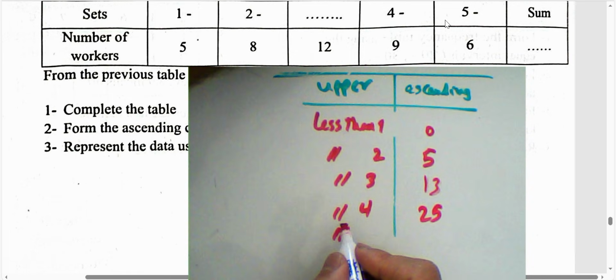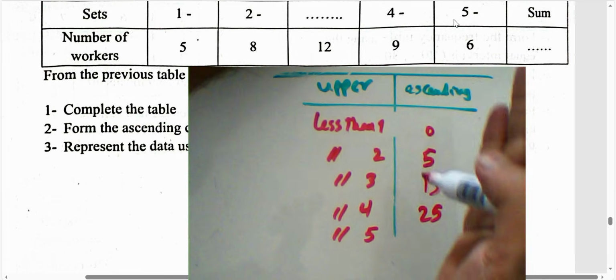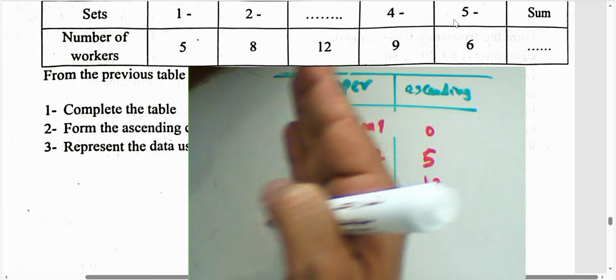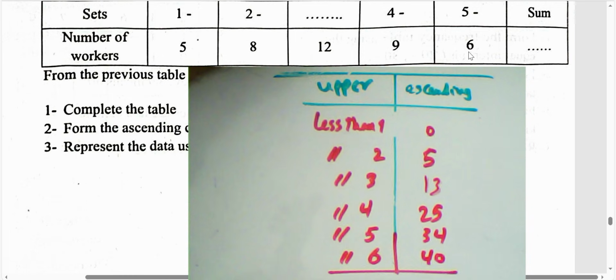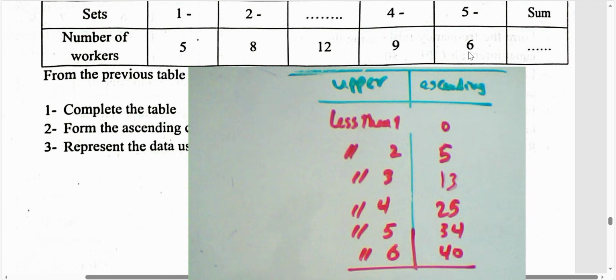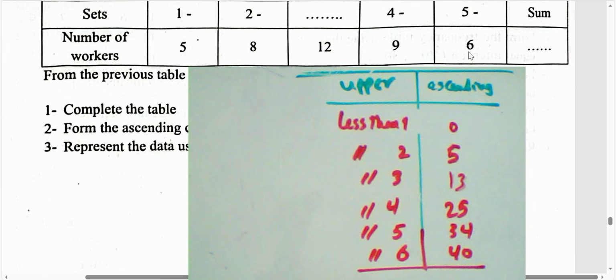And less than 5, we can collect 9 plus 12 plus 8 plus 5. It will be 34. And less than 6, we can collect all digits down, it will be 40. It's ascending order of our frequency.